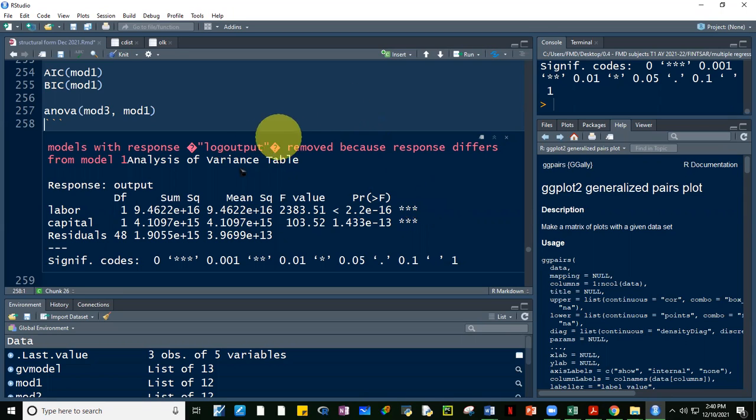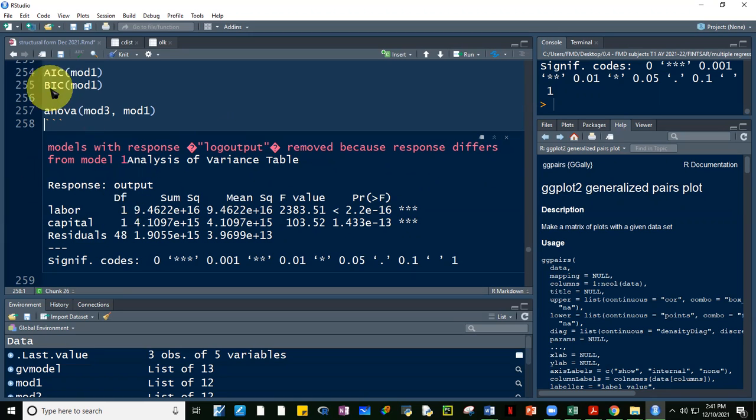Kaya ito nga, tingnan nyo. Okay? Wala naman talagang result na lumalabas dito. ANOVA ng model number 1. Kaya sabi dito, models with response log output removed because response differs from model 1. Okay. So anong ginawa niya? Nag-ANOVA lang siya ng model number 3.